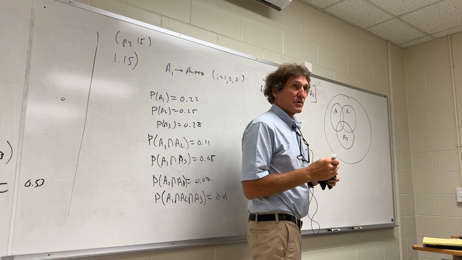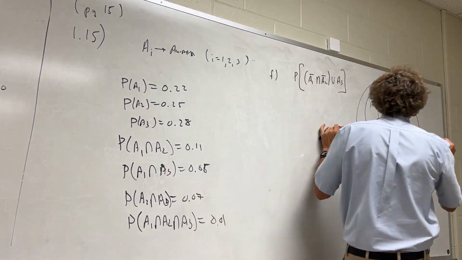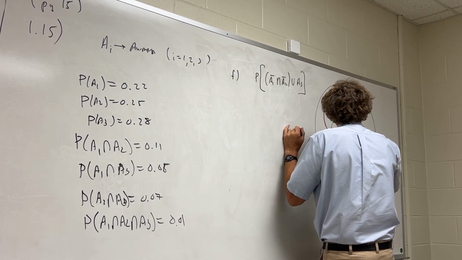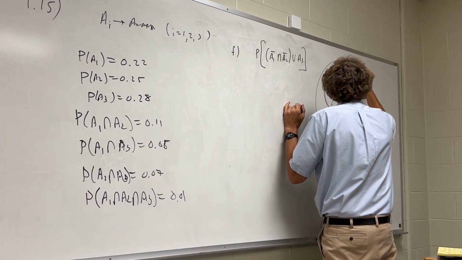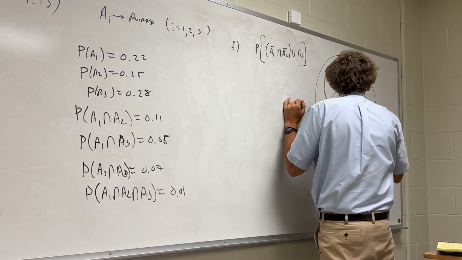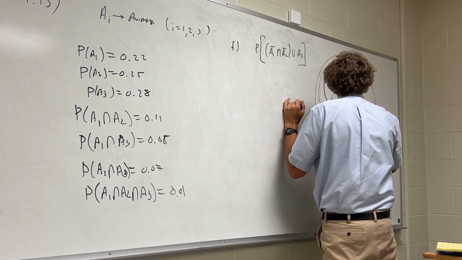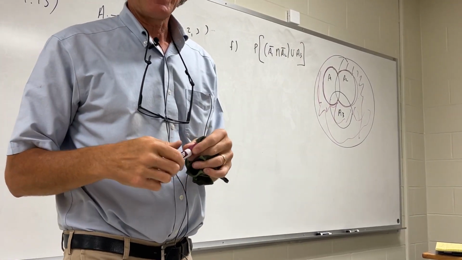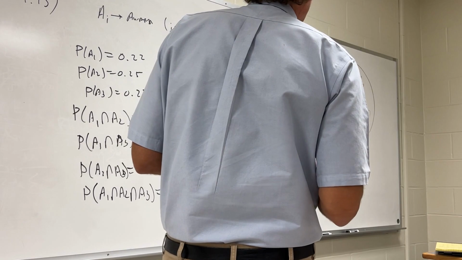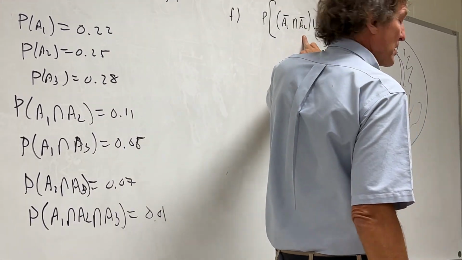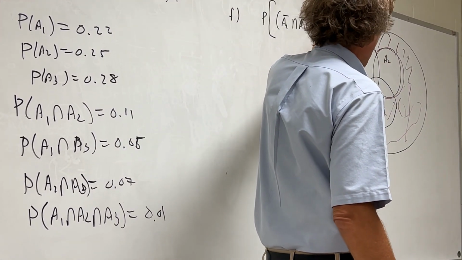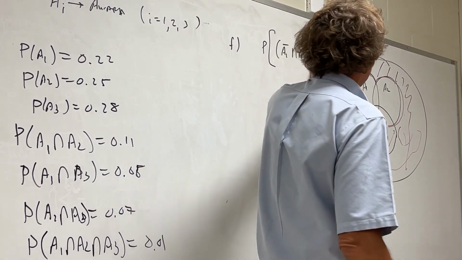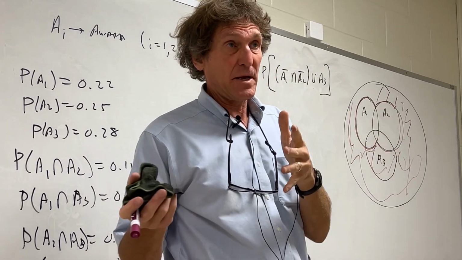I'm just going to draw a perimeter like this, and everything outside that perimeter is not A1 or A2. With me, class? Now it says that area or A3.